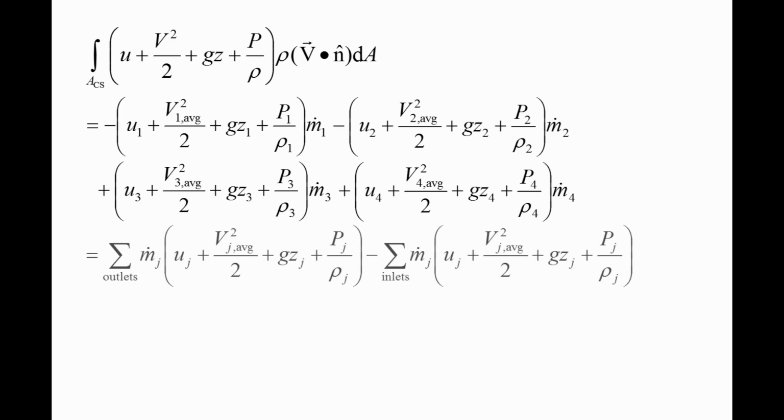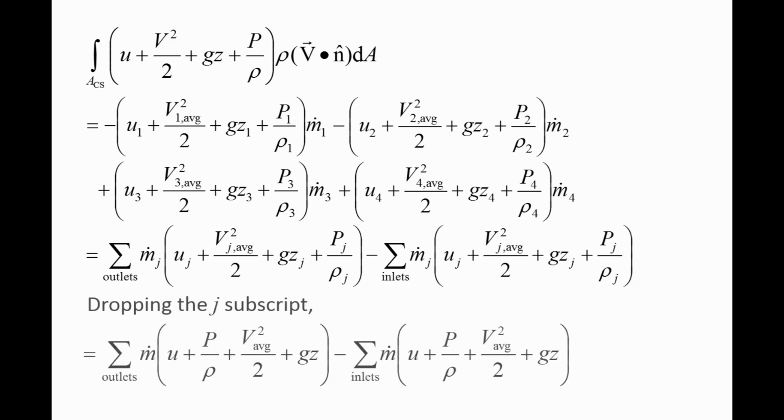We can express this equation more compactly by writing the sum of m dot times the quantity u plus v average squared over 2 plus gz plus p over rho for all outlets, minus the sum of m dot times the same quantity for all inlets. To avoid making the equation too messy, we will drop the j subscript from the summations.